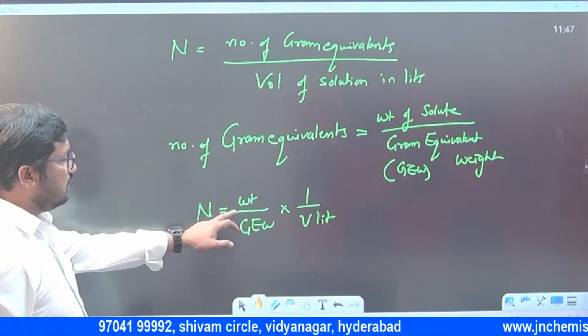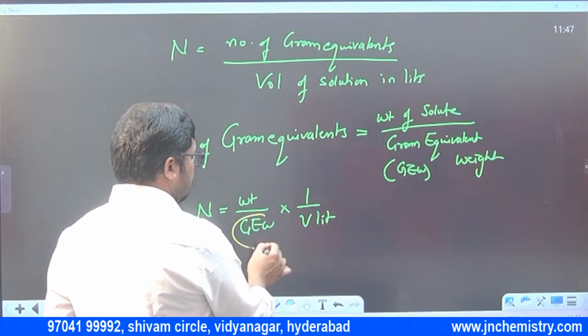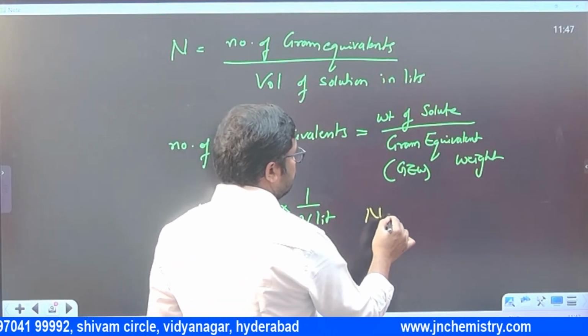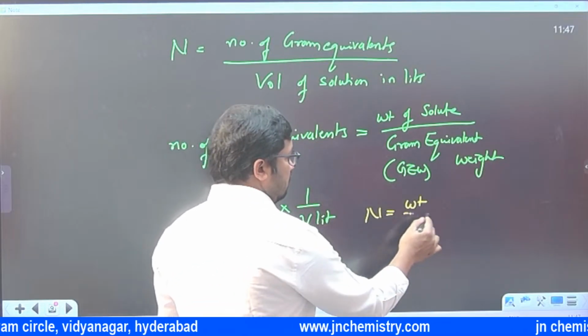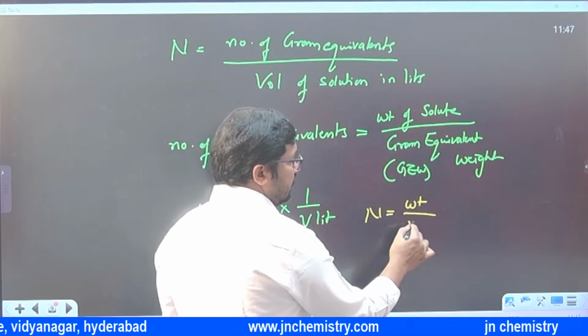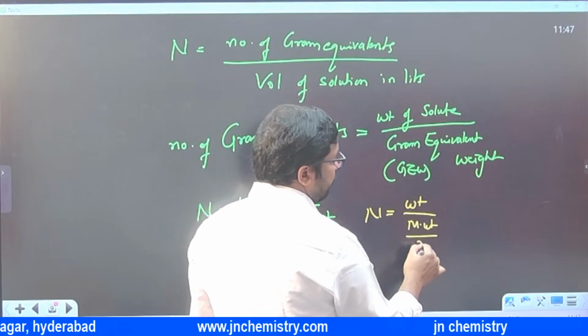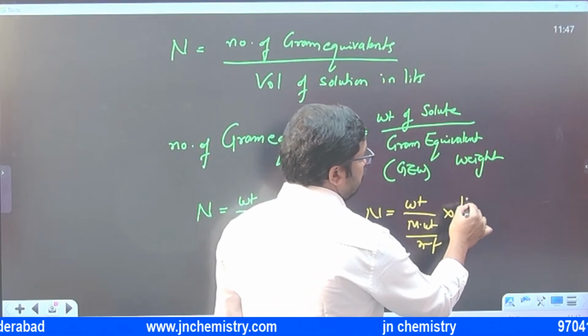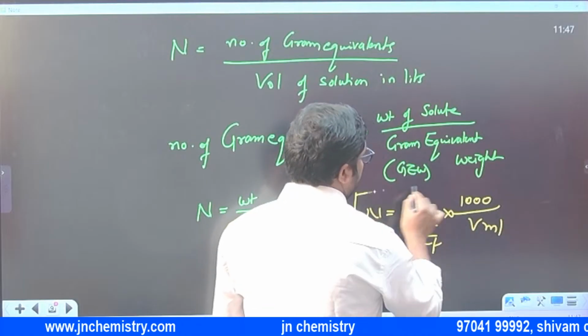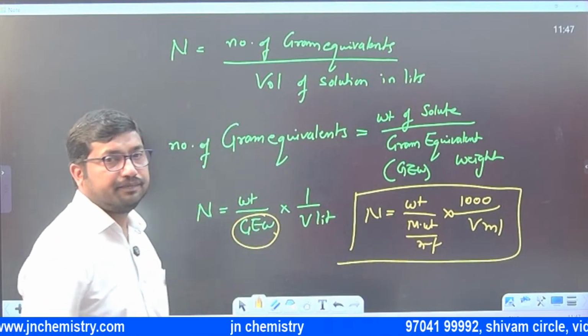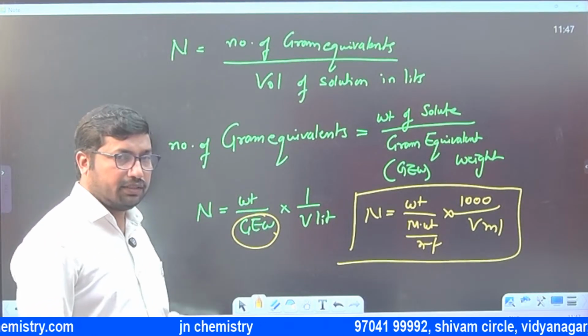In this case we can replace: normality is equal to weight given of solute by gram equivalent weight, which is molecular weight by n factor, into 1000 upon V in ml. Write this formula. Got it?